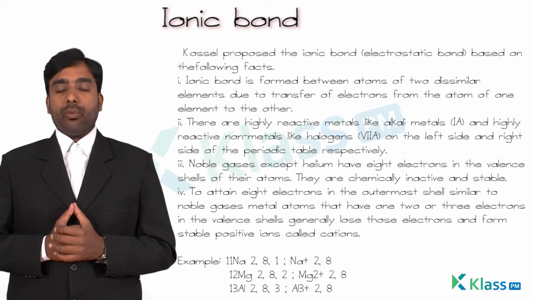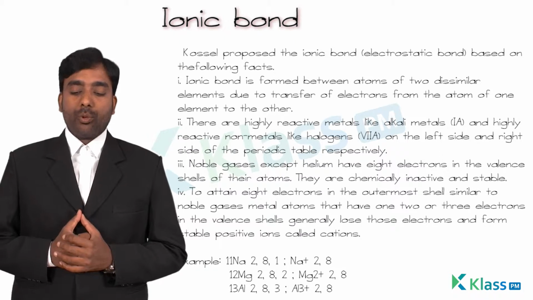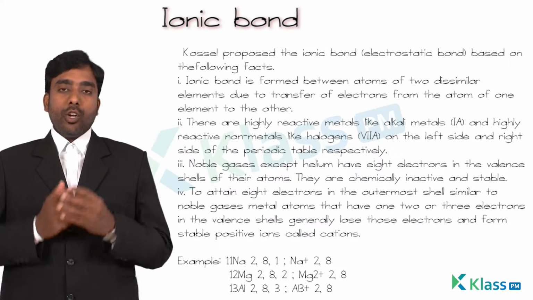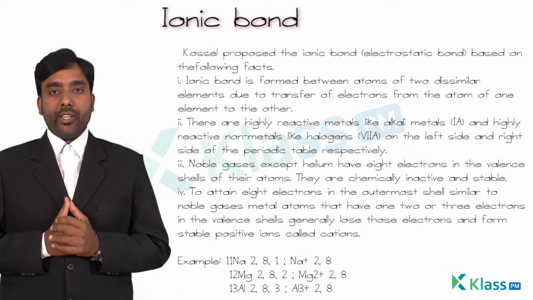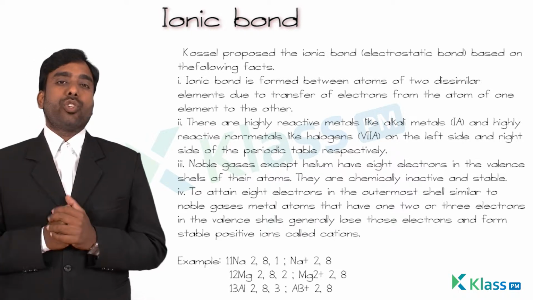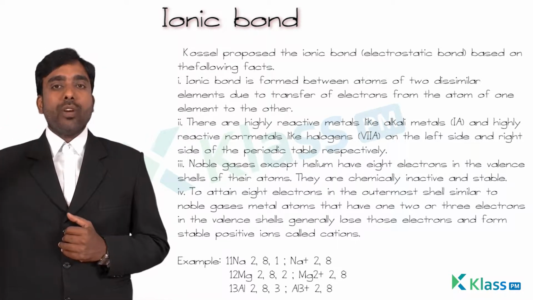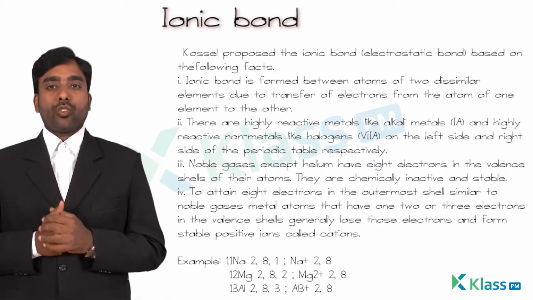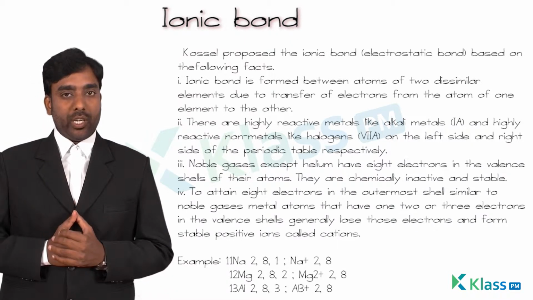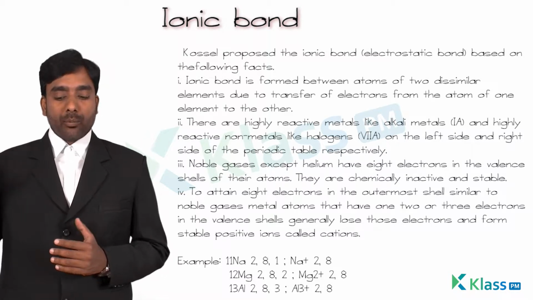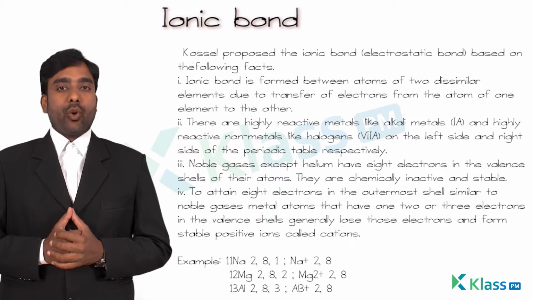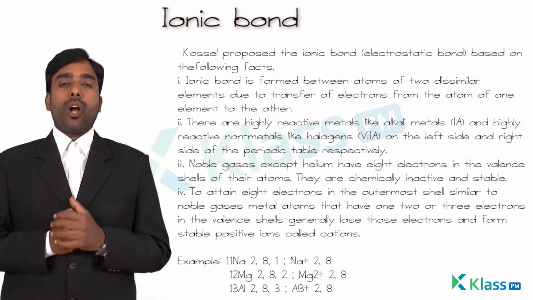Let's see some examples of metals like sodium, magnesium and aluminum. Sodium's electronic configuration is 2, 8, 1, so there is one electron in the outermost shell. If sodium loses this extra electron, it will get a stable octet electronic configuration. So sodium becomes Na+ by losing one electron, attaining the configuration 2, 8.